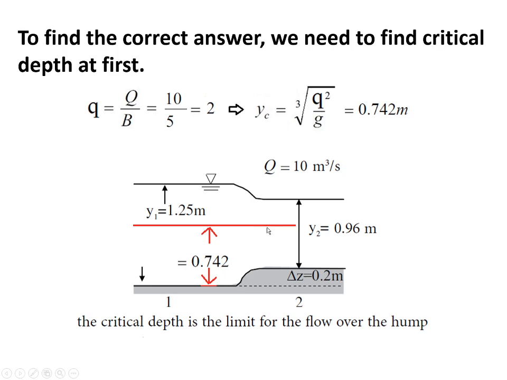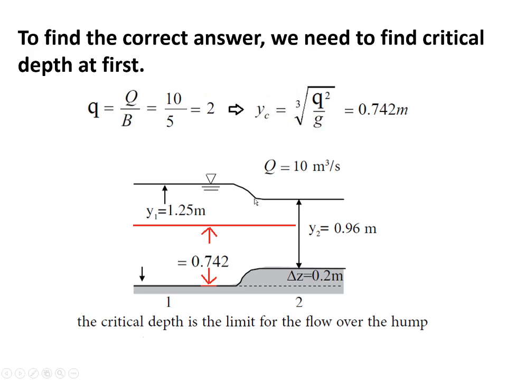And we see that when subcritical flow reaches a hump, its elevation must be decreased, but its elevation cannot decrease in a way that changes flow regime from subcritical to supercritical.